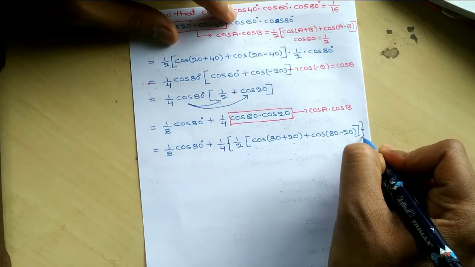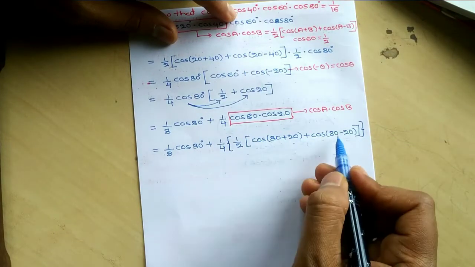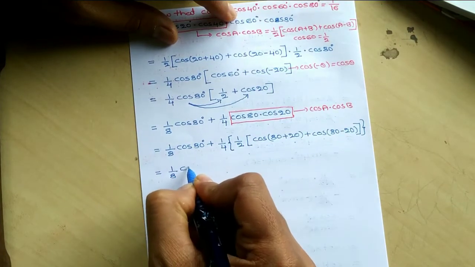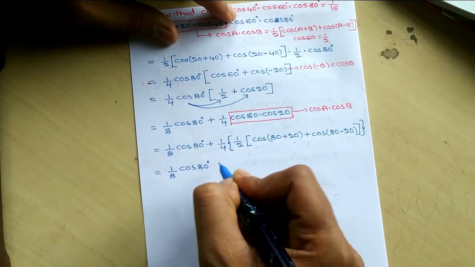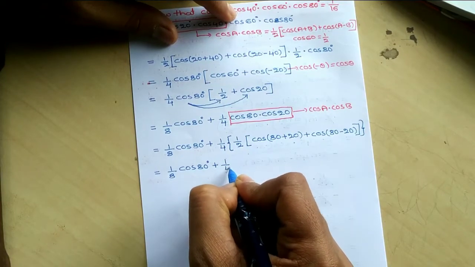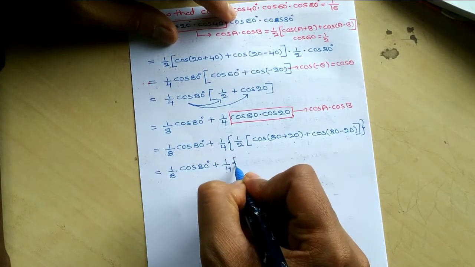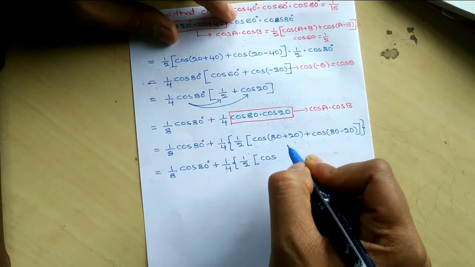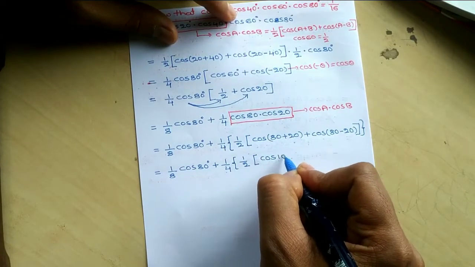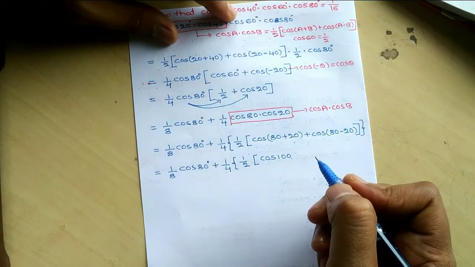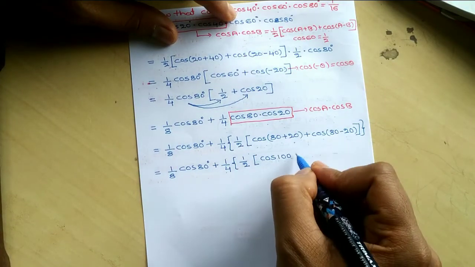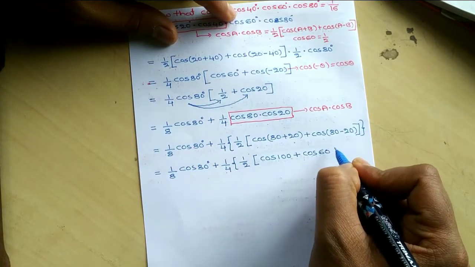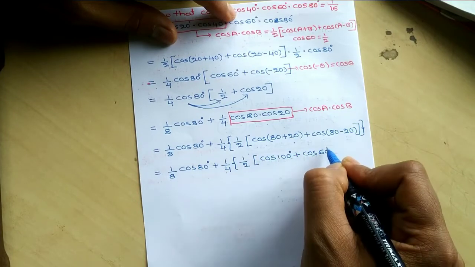Close the bracket. Correct? So next, simplify these first. Which is equal to 1 upon 8 into cos 80 degree, keep as it is, plus 1 divided by 4, 1 upon 2, keep as it is, into cos 80 plus 20, which is 100, plus cos 80 minus 20, which is 60. So 100 degree, 60 degree.